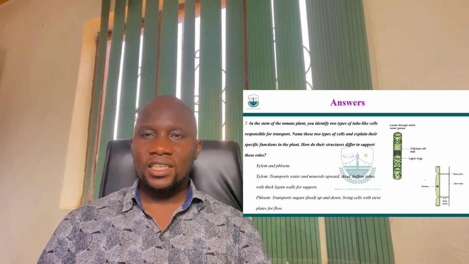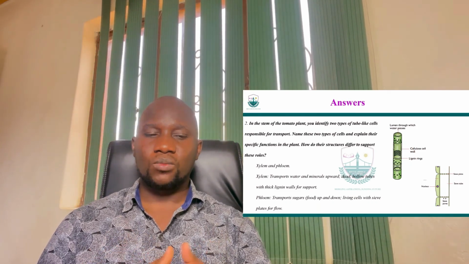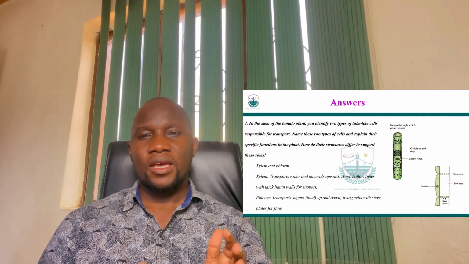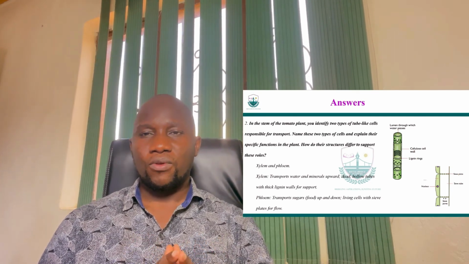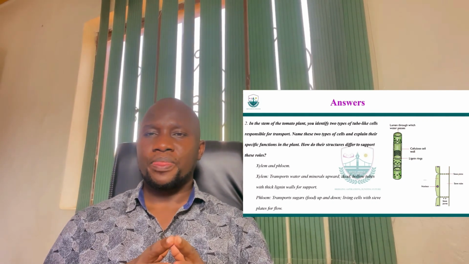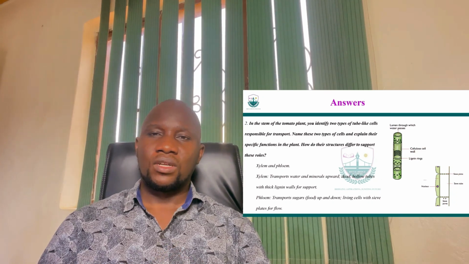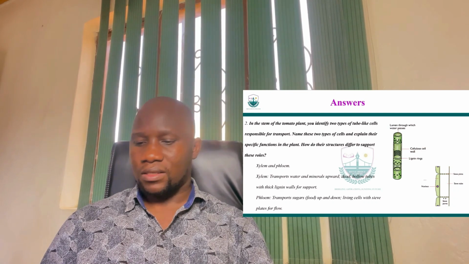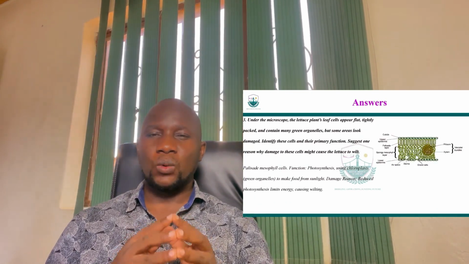They have lignin, which provides support and enables that transport to happen. And for the phloem, they have companion cells that have mitochondria for production of energy. The phloem is also living tissue, which means it can carry out numerous metabolic activities.